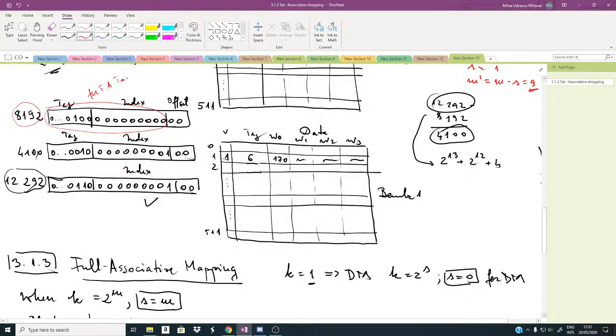The tag is equal to this guy divided by 4, because you take these two zeros and the entire rest is the tag. Sorry, divided by 4, not by 2.